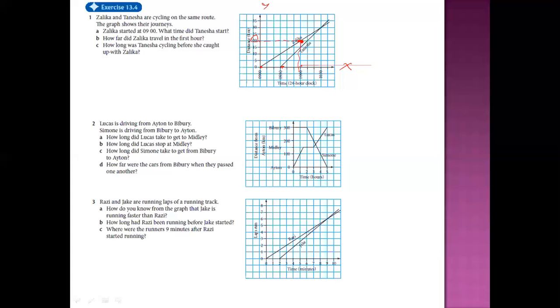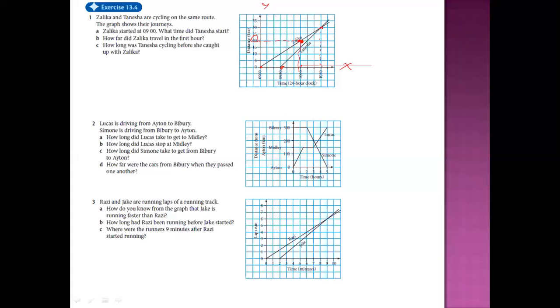So let's see, how long was Tanisha cycling before she caught up with Zalika? Tanisha cycled for 1 hour, because she started at 9:30, and after 1 hour it was 10:30.